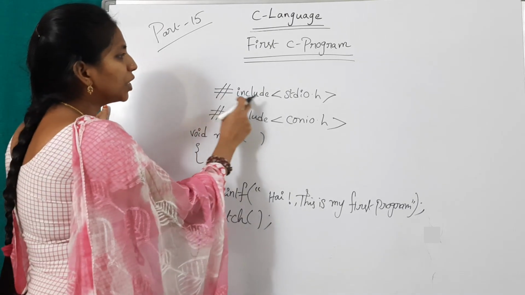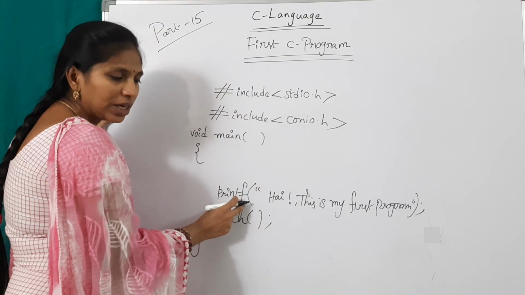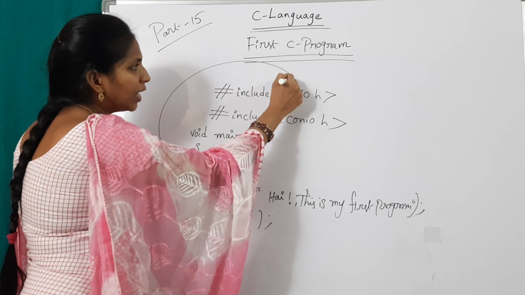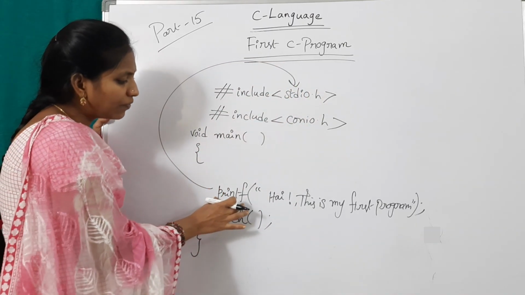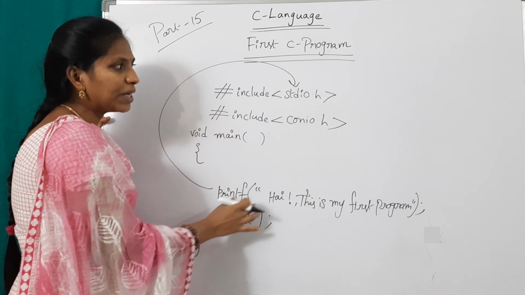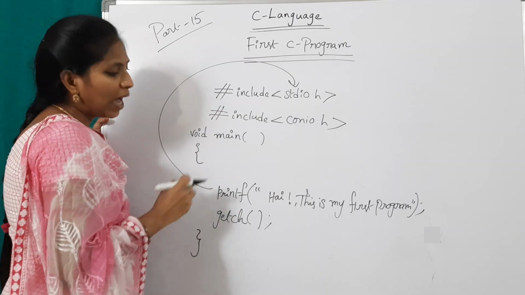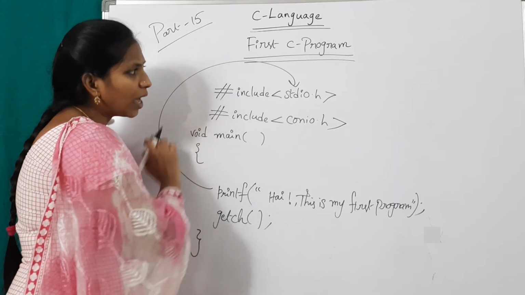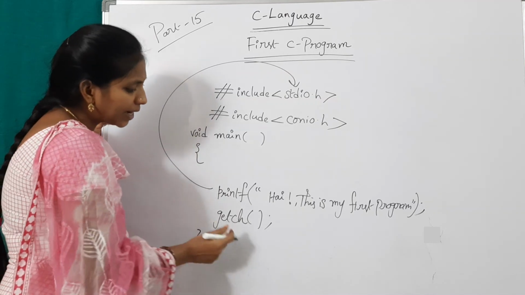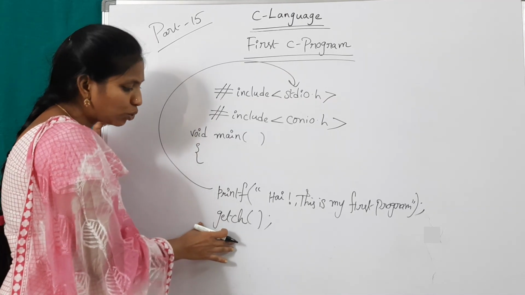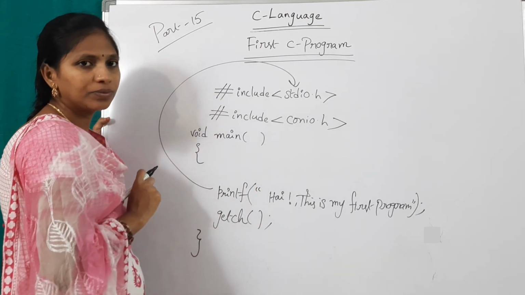Hash include stdio.h. Here printf is a function. This is from which header file? stdio.h. Printf is a predefined function present in this standard input output header file. I want to use printf, that's why I included this header file in my program. And getch is used to pause the result screen for a while.